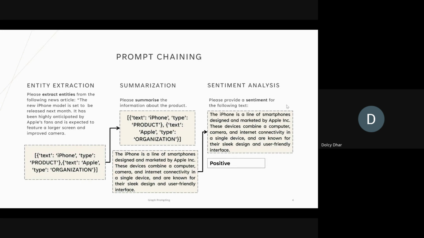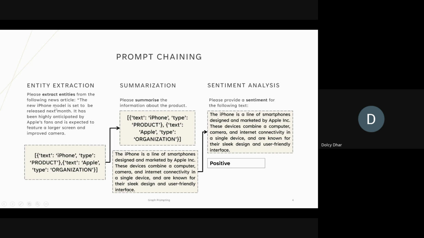After the LLM responds, you can see that the LLM has extracted entities just below it. We had given a sentence, the new iPhone model is set to be released next month. It has been highly anticipated by Apple fans.